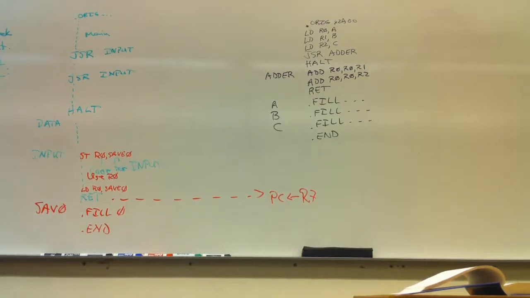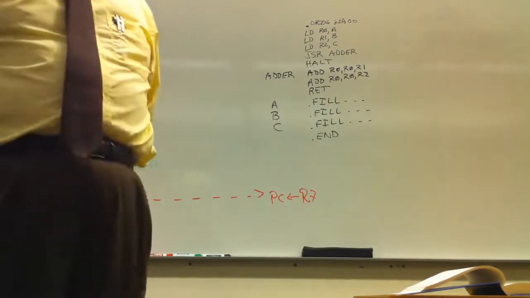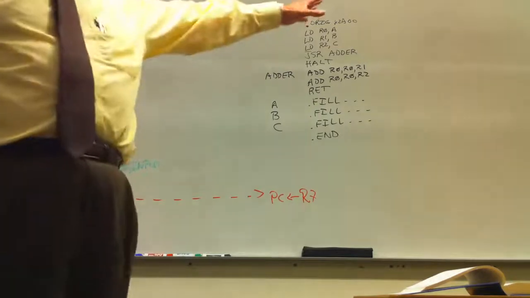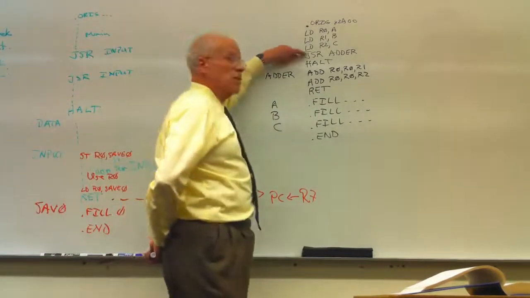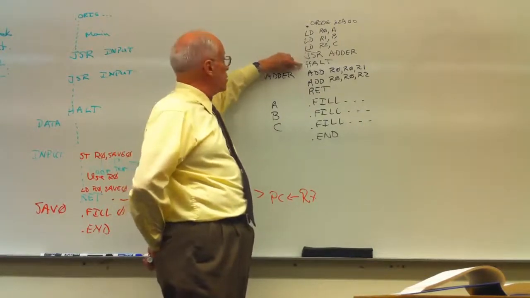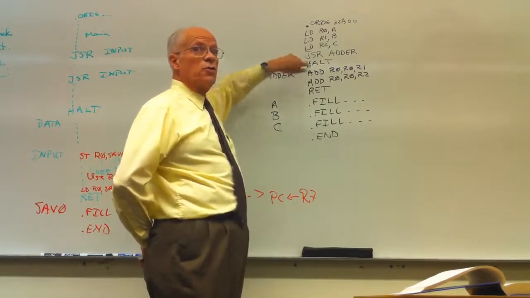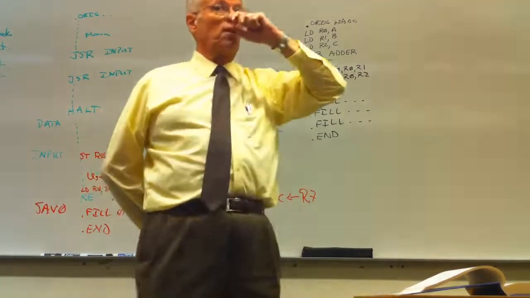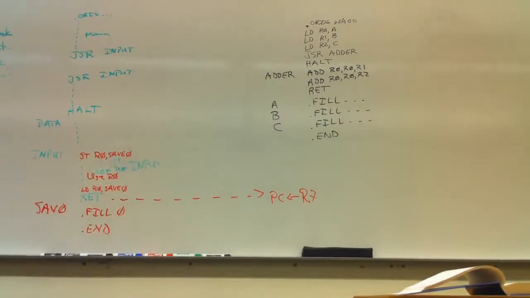When it returns to the next line, it returns to the instruction following the JSR. Yeah, because after all, that's what's in the program counter. When it loads this thing and starts deciding what it's going to do, remember the program counter gets incremented, and so it's pointing at this location. That's what gets stored in register 7, the address of that location. Is there another program counter that takes care of the subroutine? Nope.